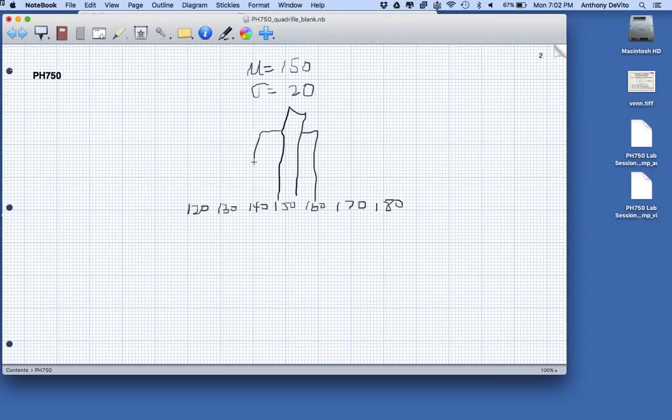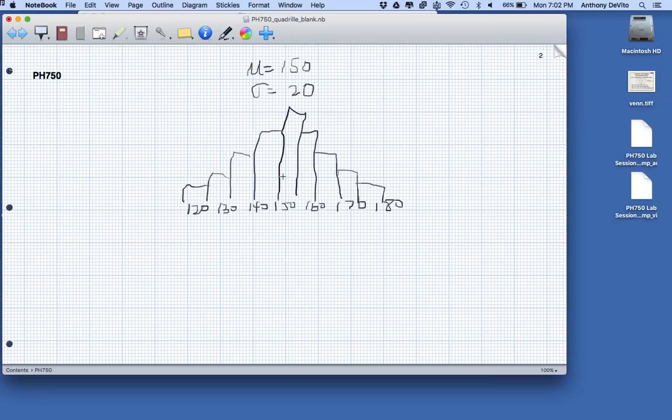And I expect the same outcome for those that are a little bit under 150 pounds. As I get to higher weights and lower weights, I would expect fewer people in each of those groups. And as we move over to very thin people and very heavy people, I would expect a smaller number of those people in the population.